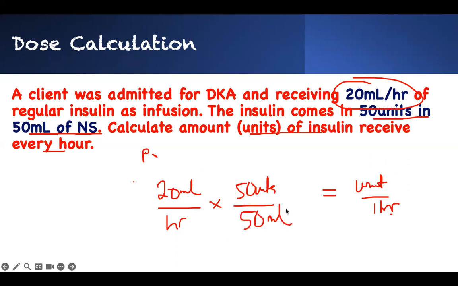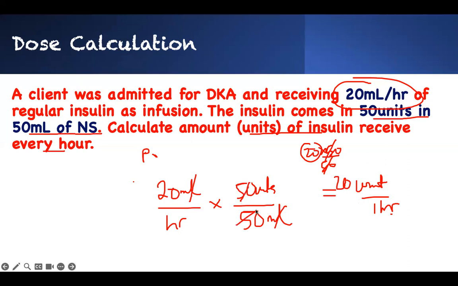And I have my answer. I cancel the ml. I leave my per hour because I need units per hour. So I'm left with 20 times 50 over 50. 50 and 50 cancel. Therefore, the patient is receiving what? 20 units every hour. That's all.